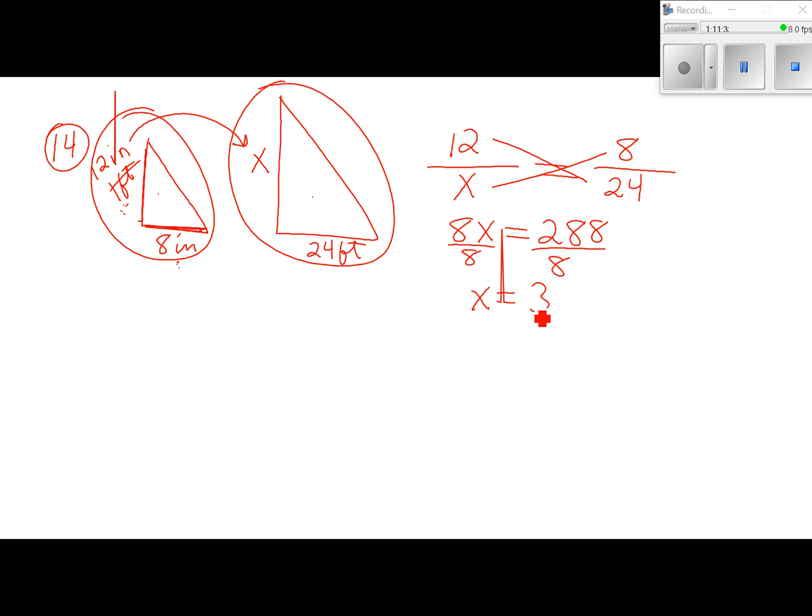And we end up with 36. That 36 goes here. Since this was in feet, that means that answer's in feet, so it's telling us that the tree is 36 feet tall. Again, make sure that your answer makes sense. Yeah, it makes sense for a tree to be 36 feet tall. That's not way too tall or way too short.